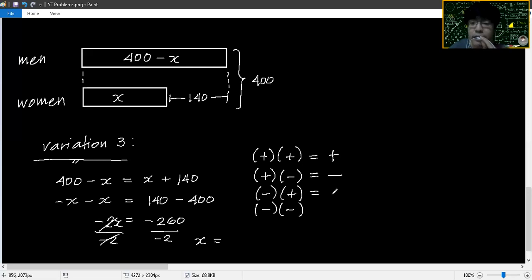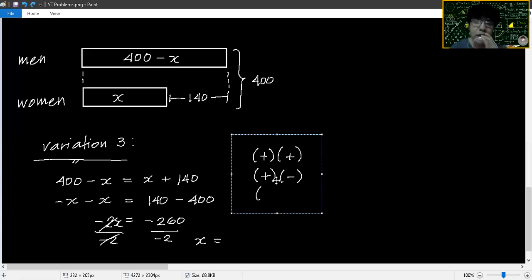If you don't like love, therefore you like hate. If you hate hate, or you don't like hate, therefore what you like is love. That's why negative divided by negative is positive. Okay? So hopefully, do you understand the principles when it comes to multiplying and dividing different signs?